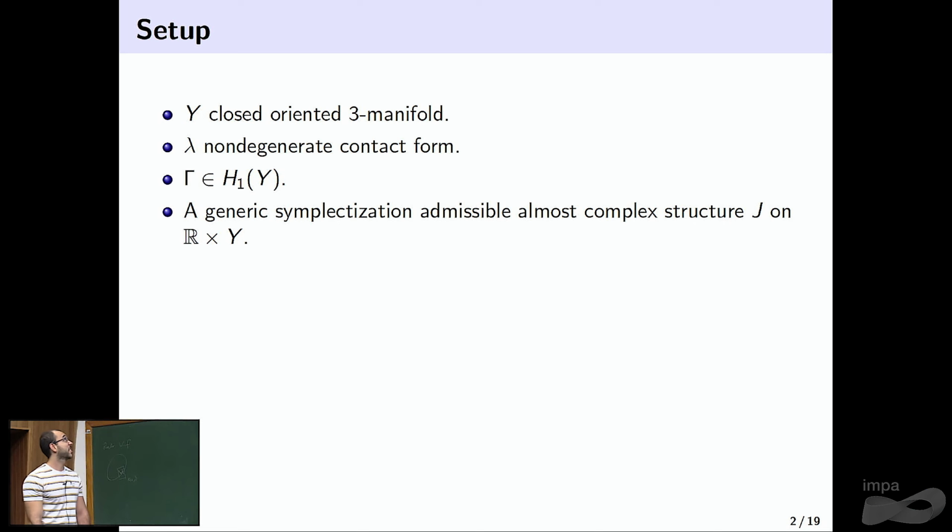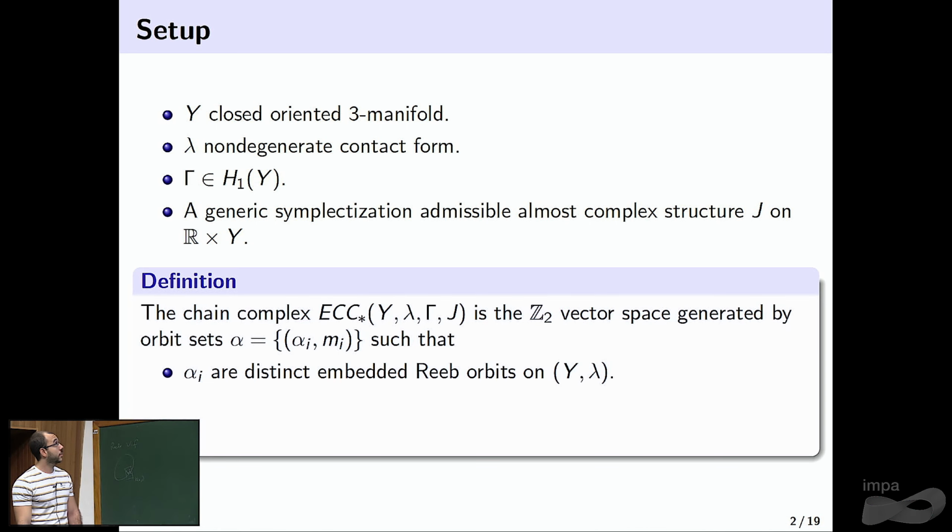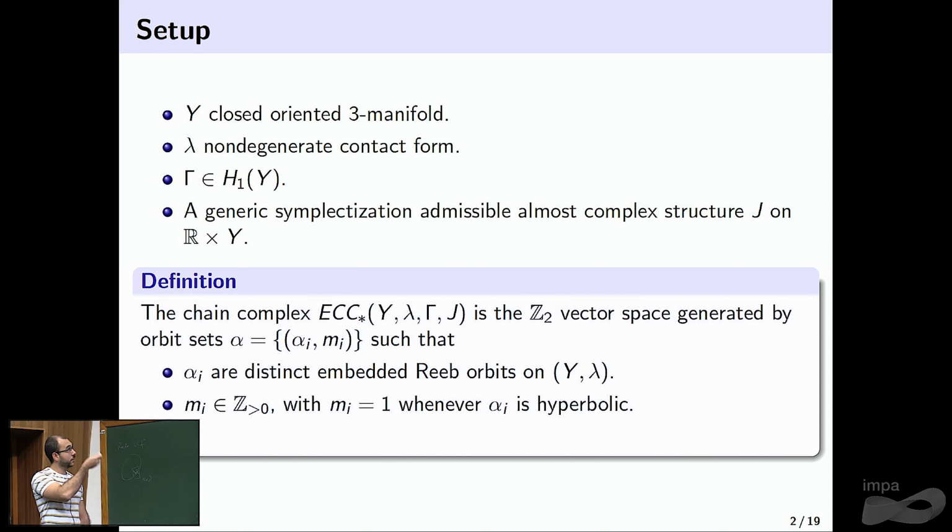Okay. So we also fix a singular homology class, say gamma, and a generic symplectization admissible almost complex structure on the symplectization. So this is quite standard for doing contact homology. And then we can define the chain complex. So ECC is the chain complex for the ECH. It is the Z mod 2 vector space generated by orbit sets. Orbit sets are sets consisting of pairs (alpha_i, m_i), where the alpha_i are distinct embedded Reeb orbits, and the m_i are non-negative integers.